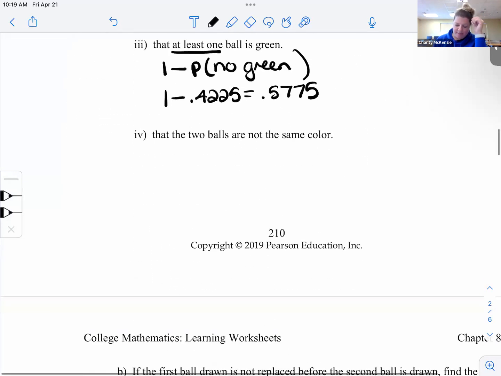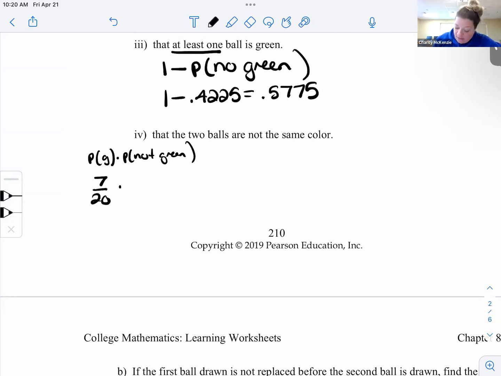So if we think about our first one, which would be the probability of green times the probability of not green, something else. So what's the probability of a green? Well, our green was 7/20, okay, and our not green is 13/20. That's our first one.